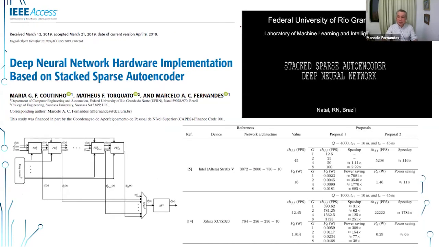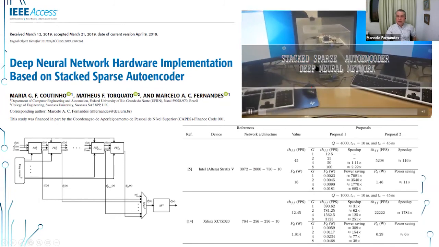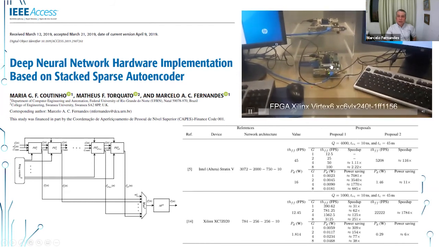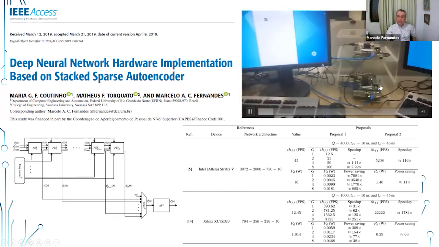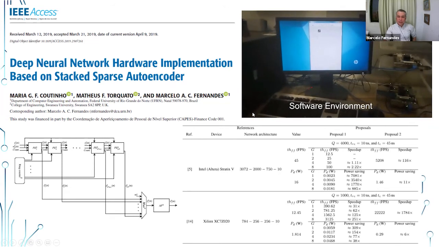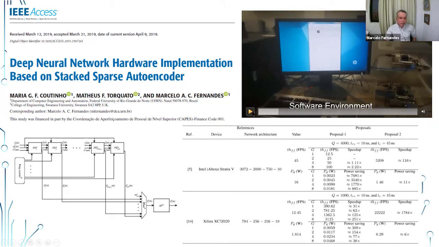In this case, I'm going to show you a demonstration using a stacked spatial encoder in hardware. I don't remember the number of layers.